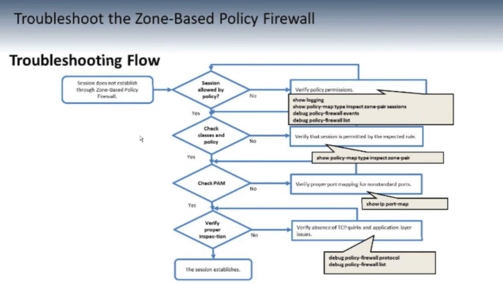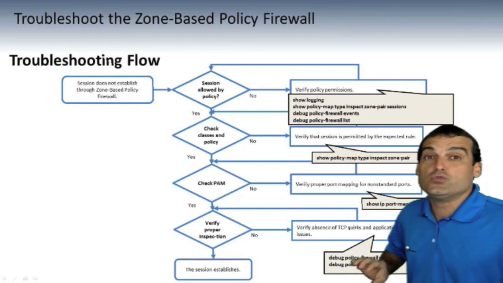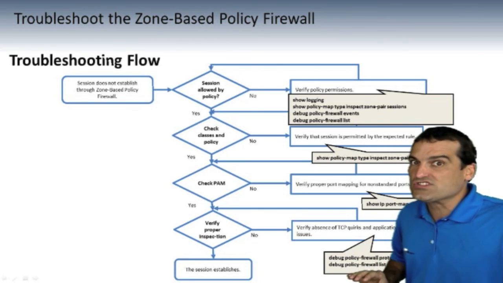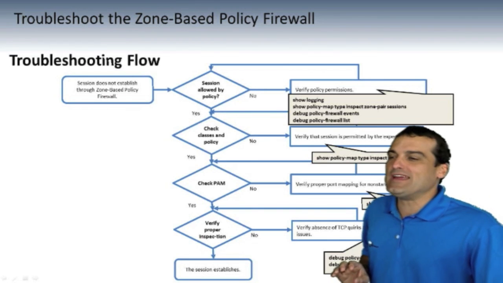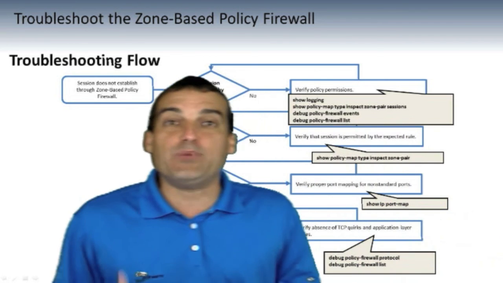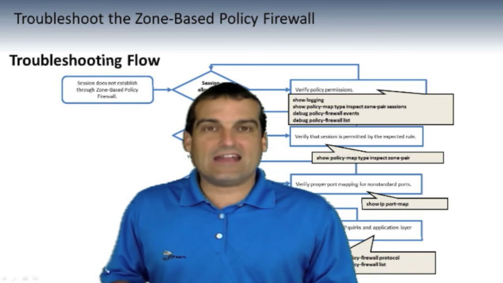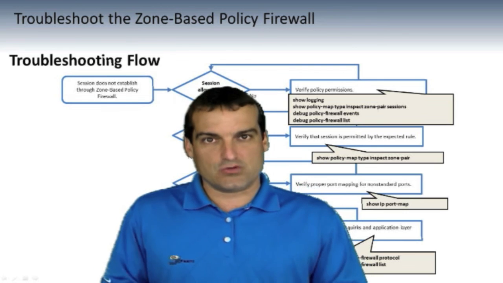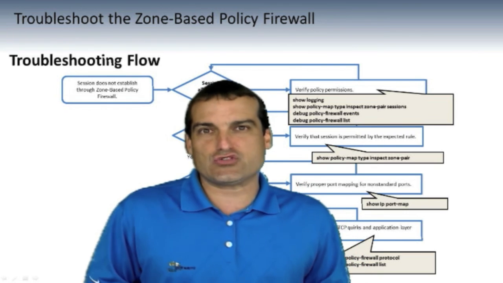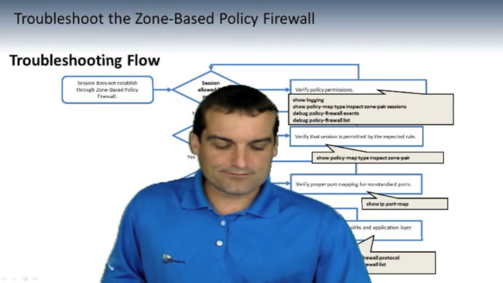You can limit those debugs to just particular hosts with an access control list. Yeah, as you might guess, whenever you are debugging with something like the zone-based firewall, which could be analyzing massive quantities of traffic, we want to go ahead and limit those debugs with an access control list so we don't overwhelm our device.